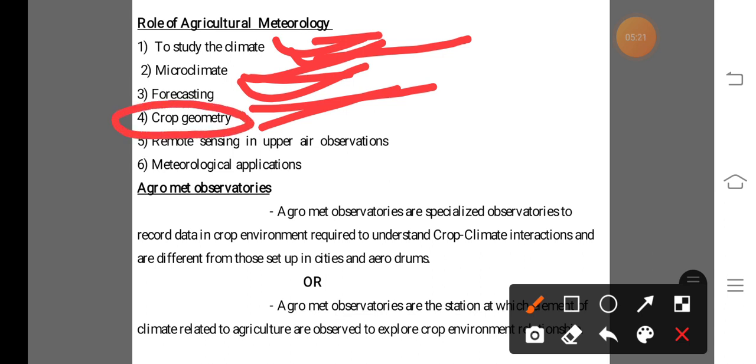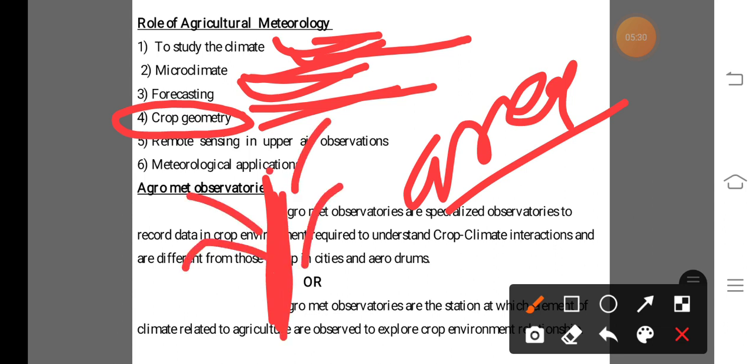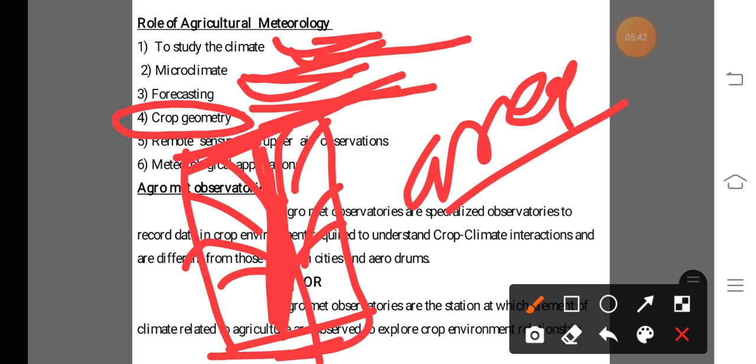What is meant by crop geometry? Crop geometry means the area occupied by a single or individual plant. It is known as the crop geometry. That means from the root system to the top of the height of the crop.